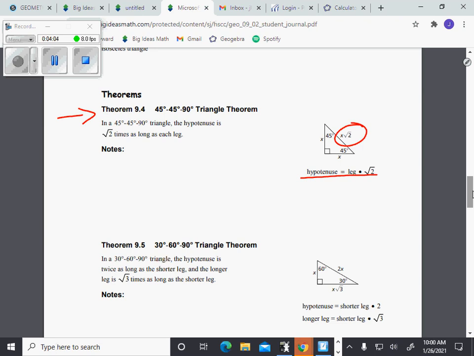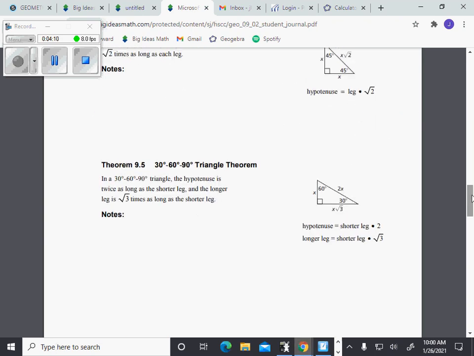In a 30, 60, 90 triangle, we have the short leg in blue here. There's our short leg. That's x. The hypotenuse in red is 2 times that short leg.